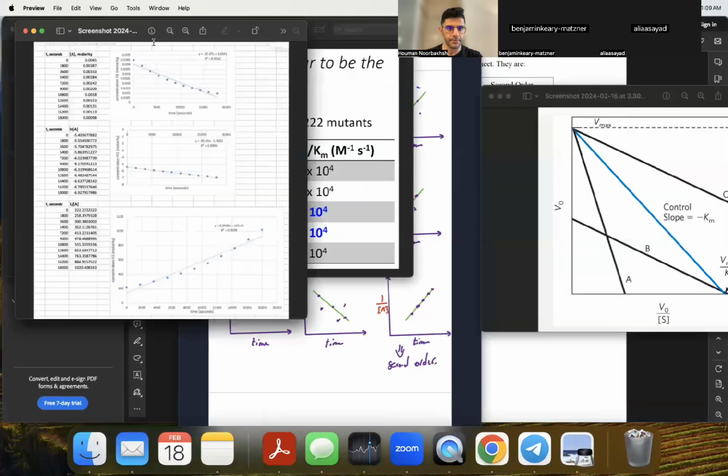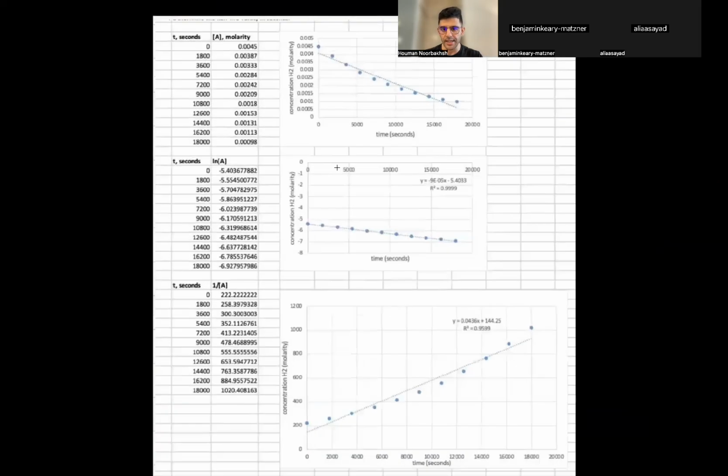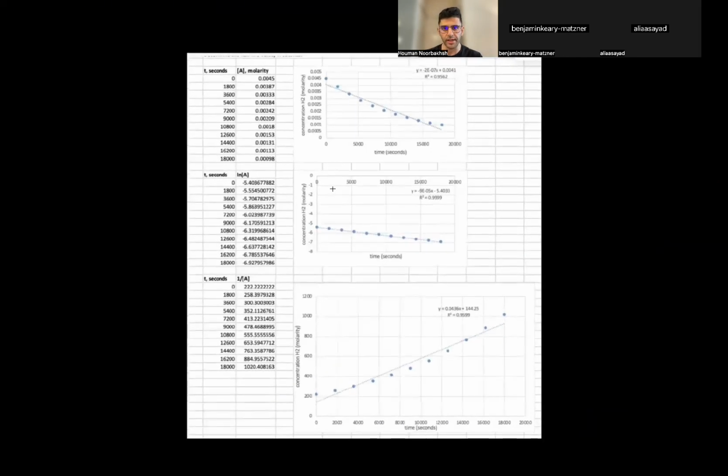There you go. So he actually ran his data, that was his real data. And you see that's the concentration, A over T, and this is the... what is this one? Oh yeah, he didn't label the y-axis properly.